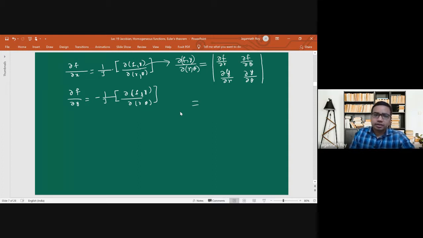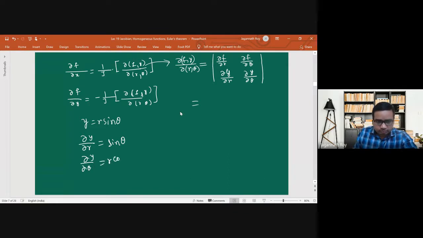So here we have seen that y equals r sin theta, del y del r equals sin theta, del y del theta equals r cos theta. Similarly, x equals r cos theta.